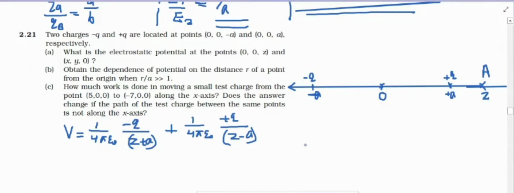Now, simplifying, you will get the total potential. When you simplify, you have to take common factors out and take the LCM. We have done this already in derivations. Then you will get 2AQ in the numerator.